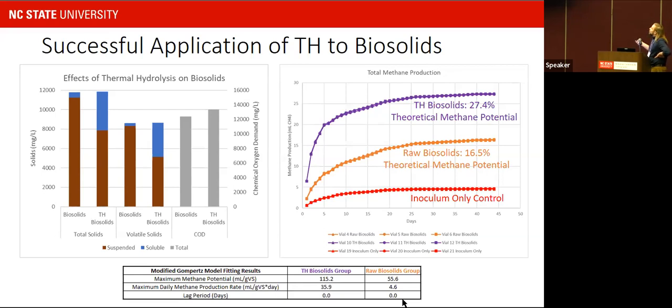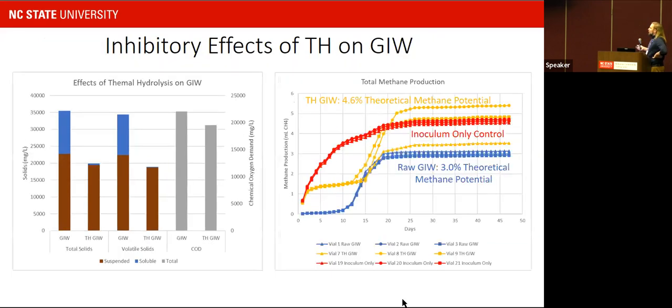And in the blue, we have soluble. And you can see that we transfer more than 2,000 milligrams per liter of the particulate into the soluble fraction with our thermal hydrolysis treatment. And that increased amount of easy to access food is one of the reasons for the process improvements we see on the right.